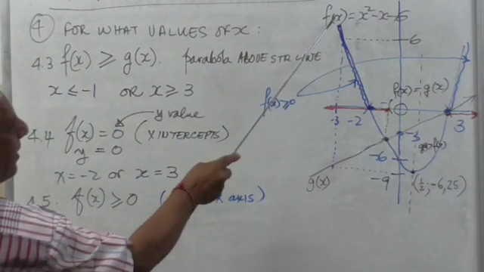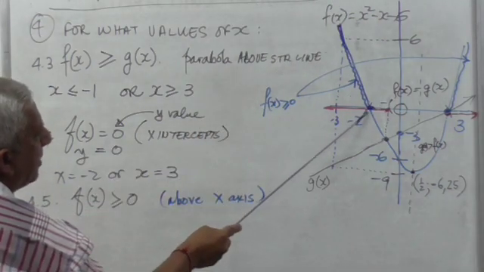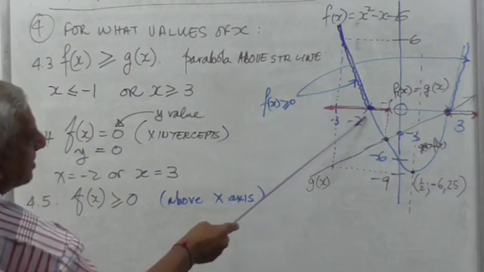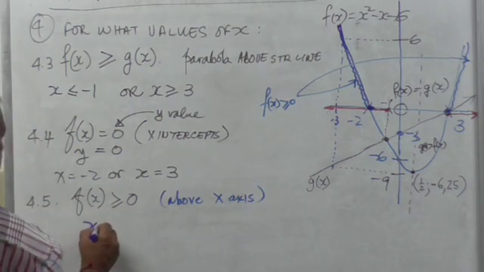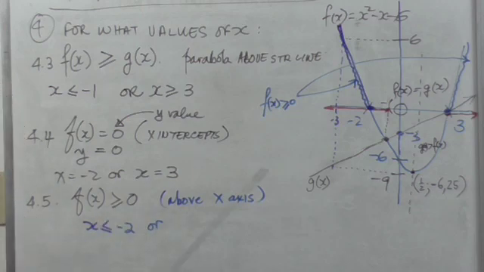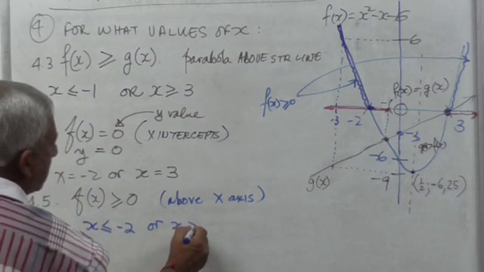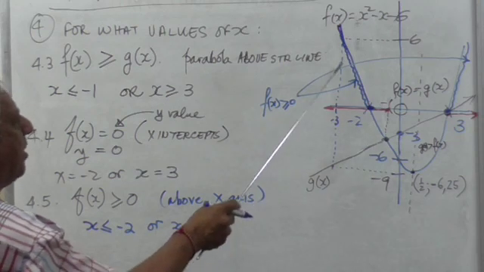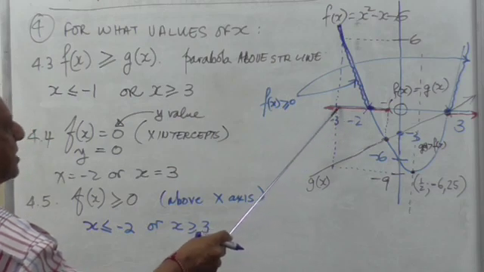So for what values? Clearly f of x is greater than 0 above the x-axis. For what values of x? From here, what is this value? This value is minus 2. So that answer is x is less than and equal to minus 2. Or if you look on this side, x is greater than and equal to 3. You see, this wavy part is positive for these x values.